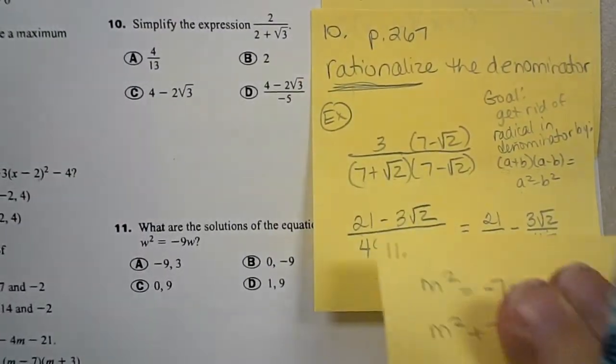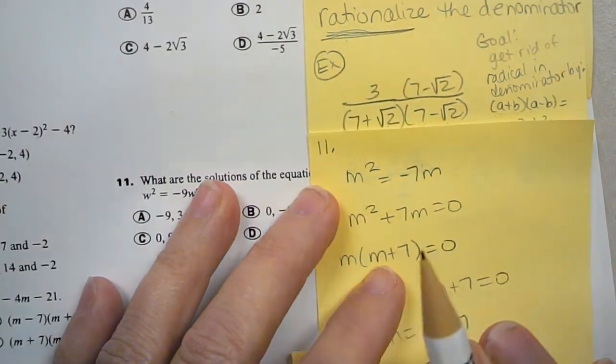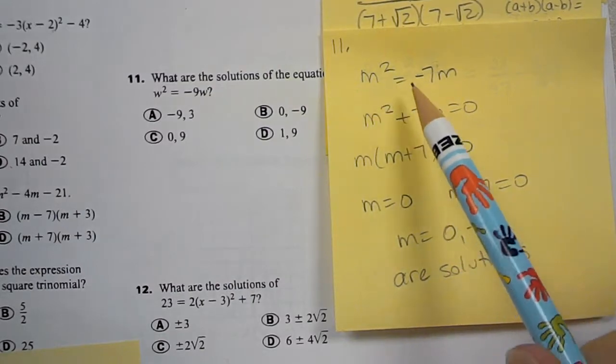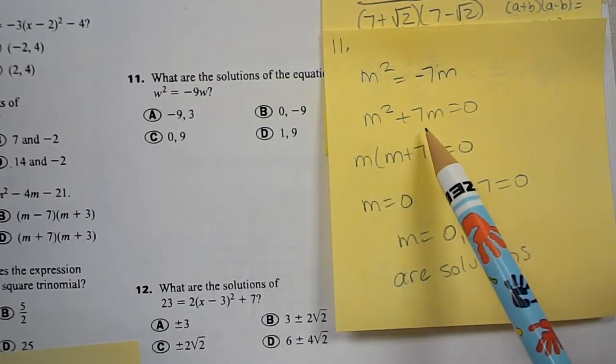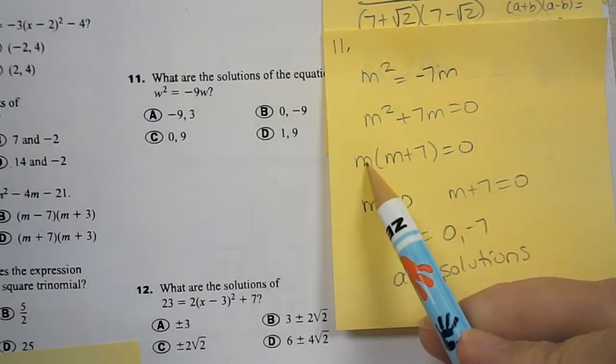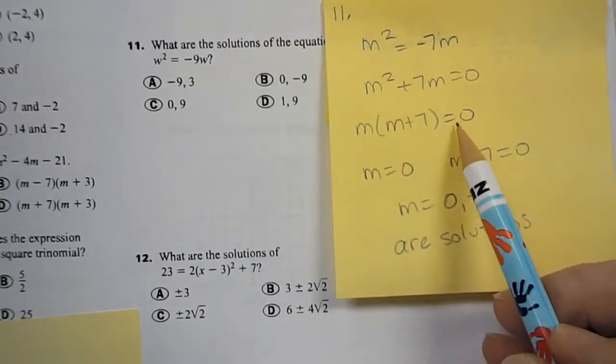Let's look at number 11. It says, what are the solutions to the equation w squared is equal to negative 9w? Well, this you can just simply put all your variables on one side. You always want to have all your variables on one side. In this case, it's m. And you can factor out an m and just simply get m plus 7. We'll set m equal to 0.